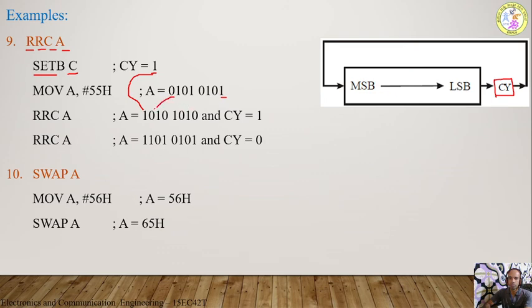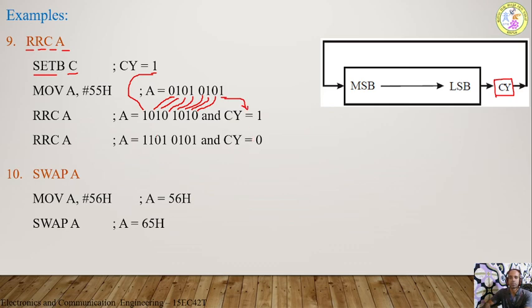So this 0 will be shifted right by one time, and this 1, and this is 0, 1, 0, 1 and 0, and this LSB bit 1 will go to carry.